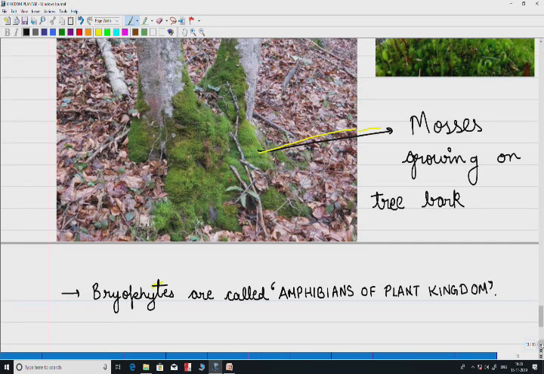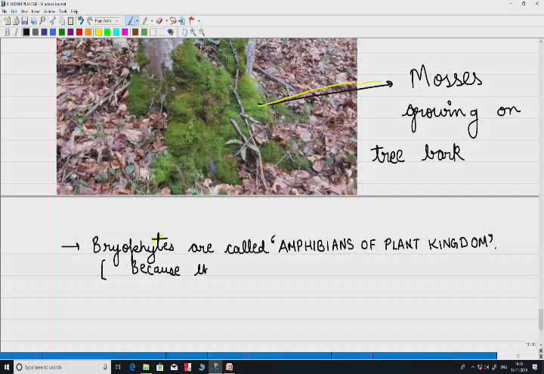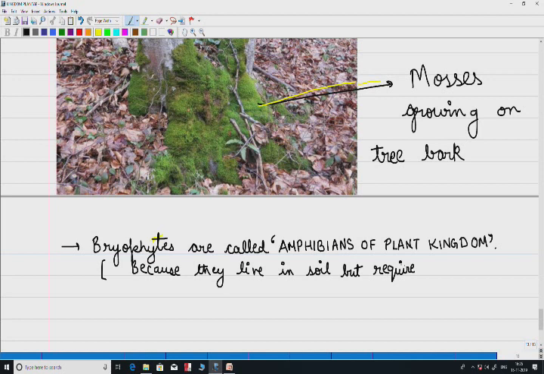They live in soil, but require water for sexual reproduction.